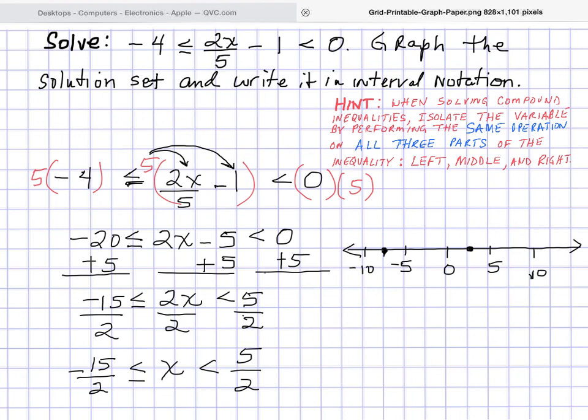Okay, so what do we want on those? Do we want brackets, parentheses, or what? We want a bracket on negative 7.5, and we want a parentheses on 5 halves.